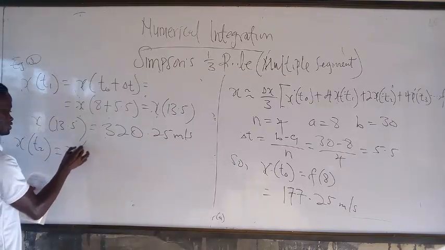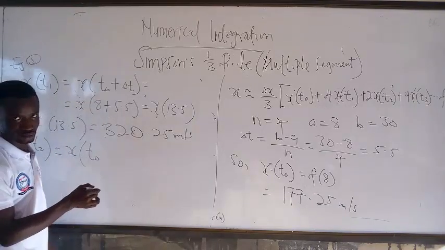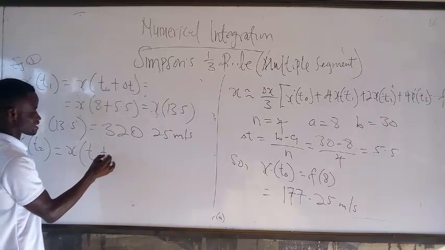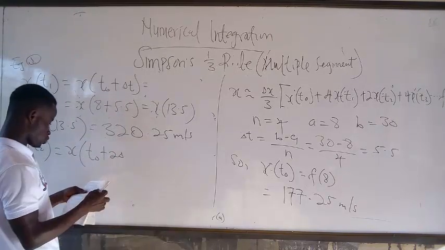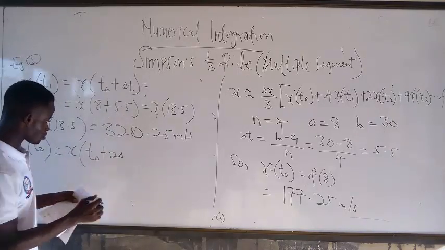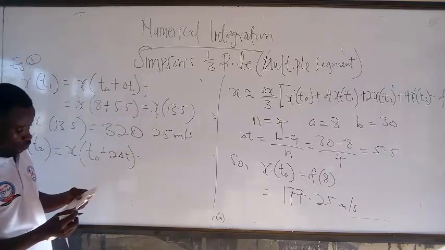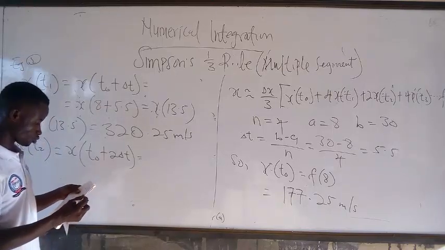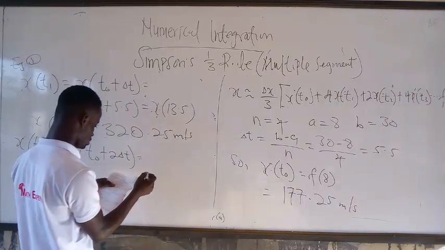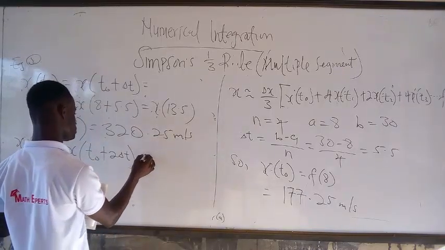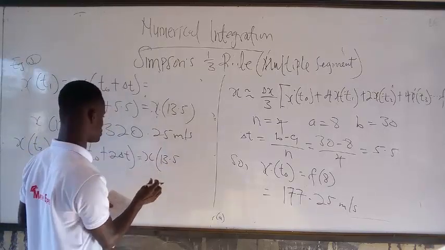So that means that this one too will be T naught plus 2 times Delta T. And that one too will give you 13 point, sorry.